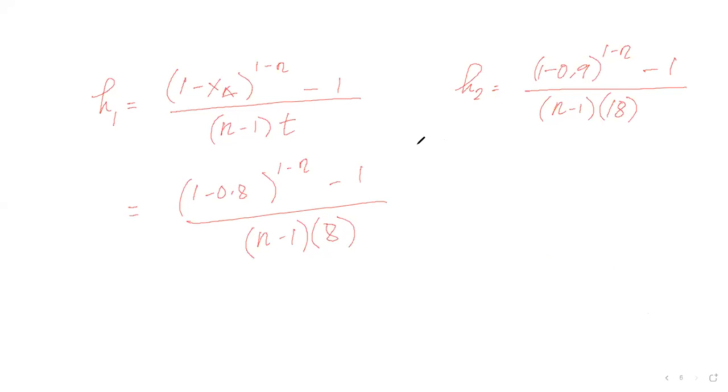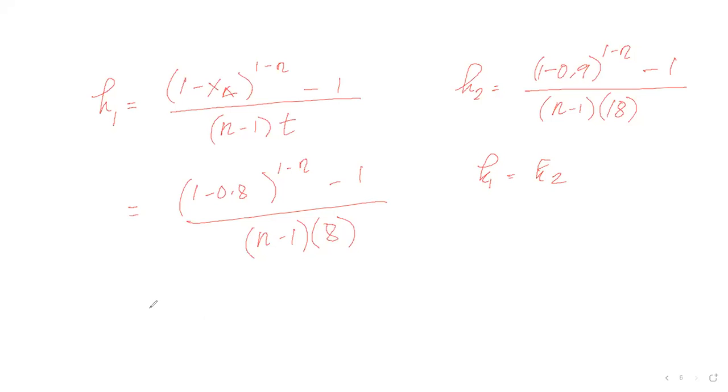So what would you do? If we're talking about the same reaction, K1 should be equal to K2. So we will equate both of these expressions that we have and simplify. We carry out the 1 minus 0.8, so that would be 0.2.